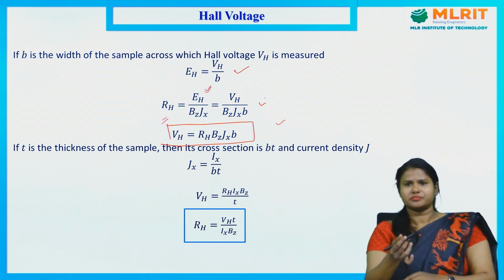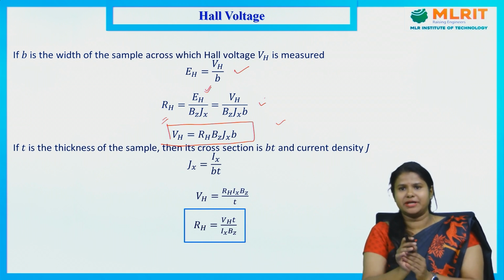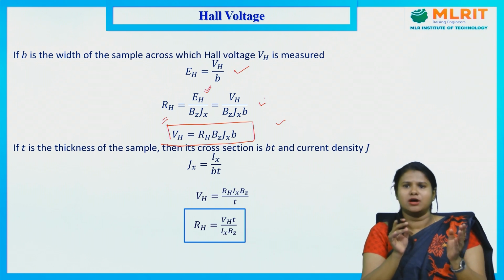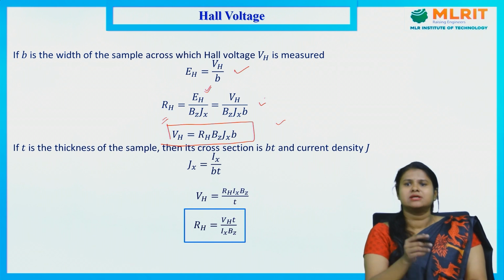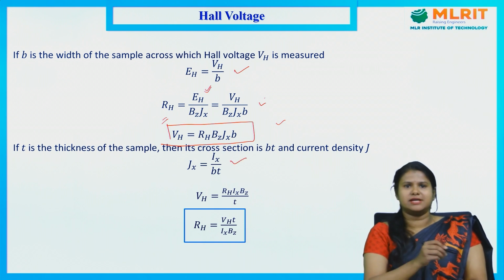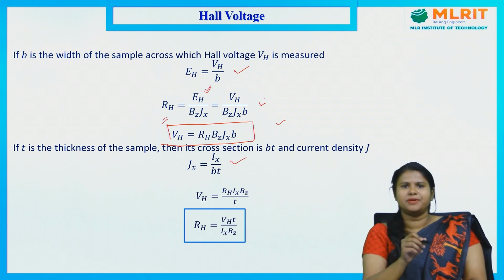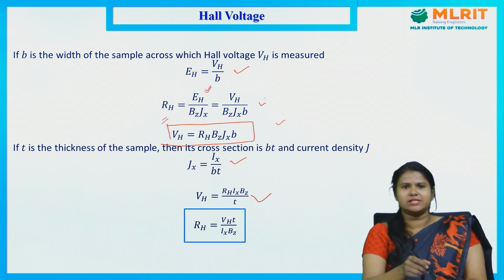Again, what is current density? Current density is current passing through unit area. If T is the thickness of the semiconductor or metal, then we can express current density as current per unit area, where area is width into thickness. So, Jx is equal to Ix by B into T. So, this Hall voltage can be expressed as RH into Ix into Bz divided by T. We just substitute this value of Jx as Ix by Bt.